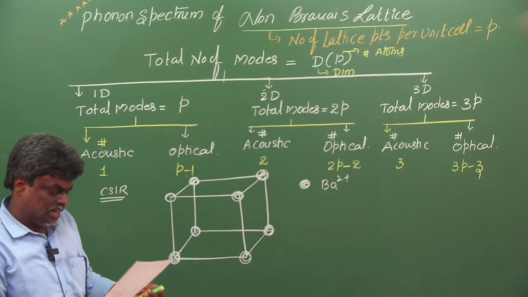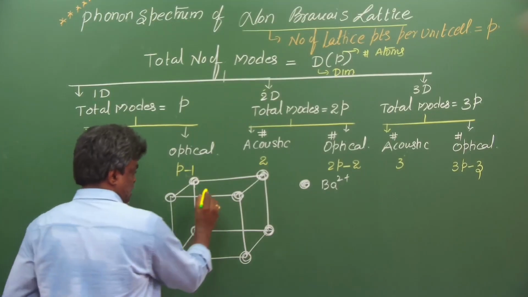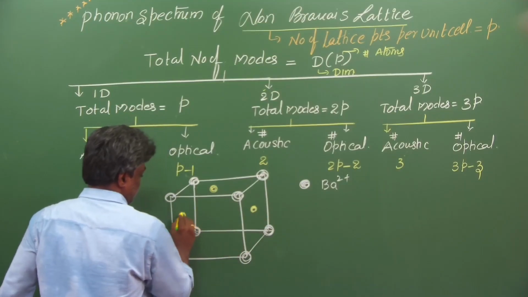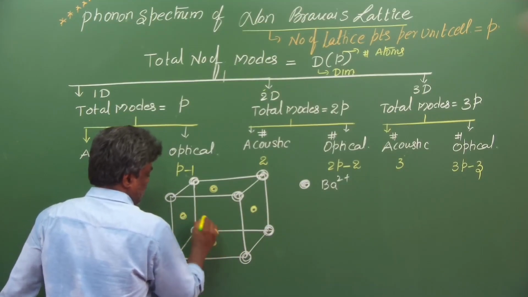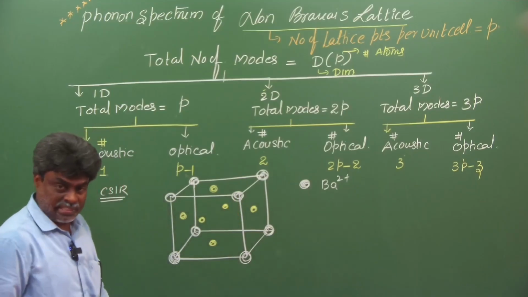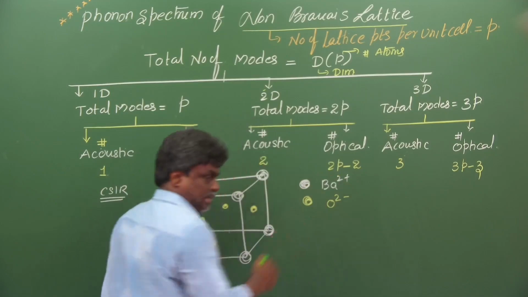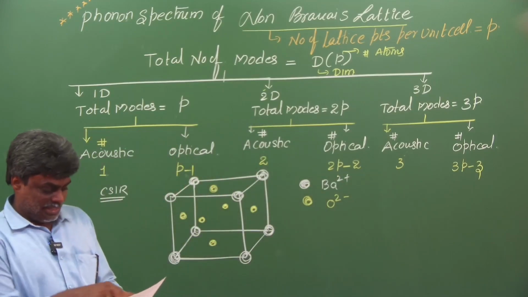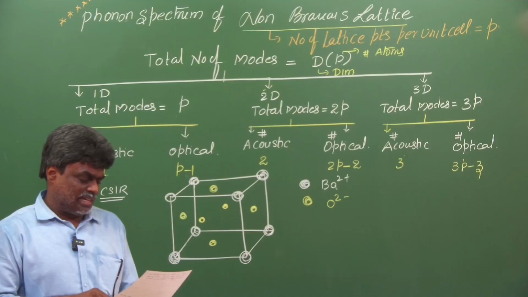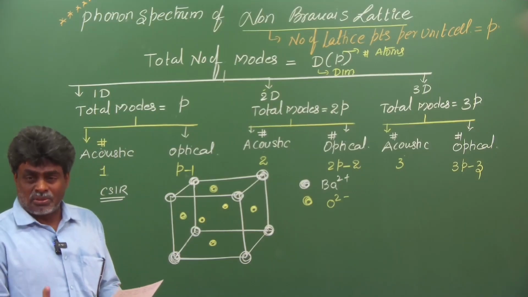After that they said the face centers are O2-. Total 6 face centers. That lattice is barium titanate, BaTiO3.